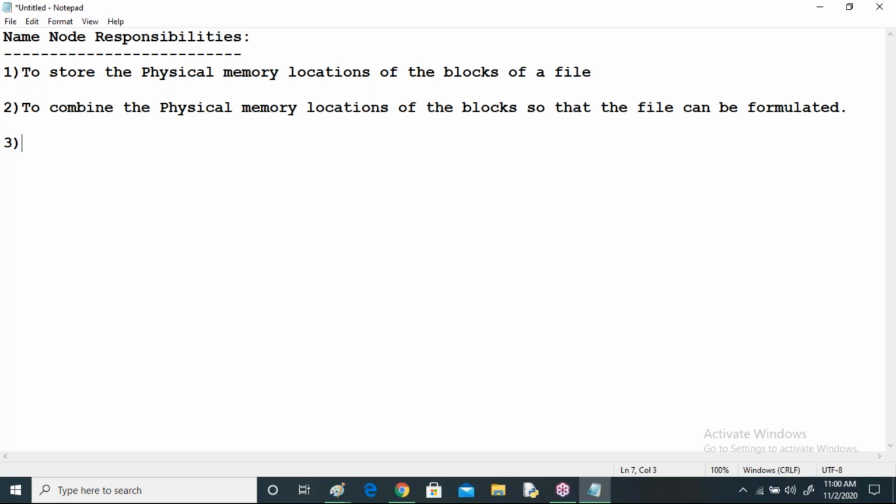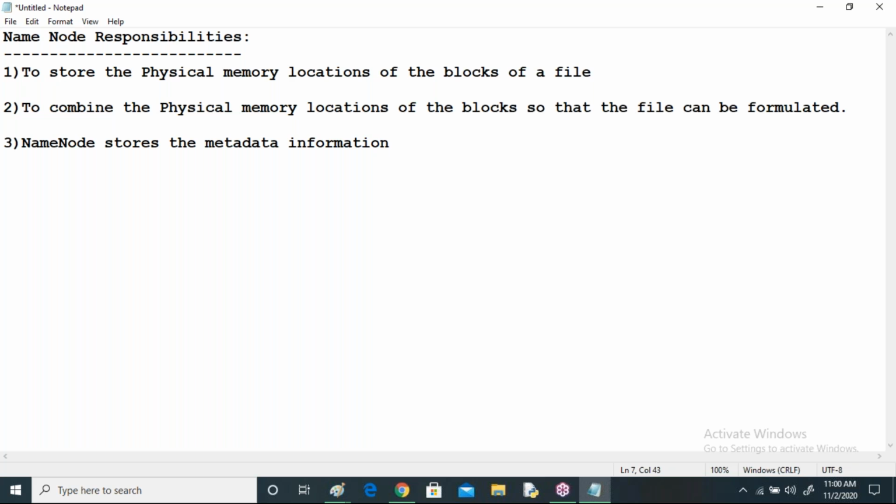And name node stores the metadata information. Okay.